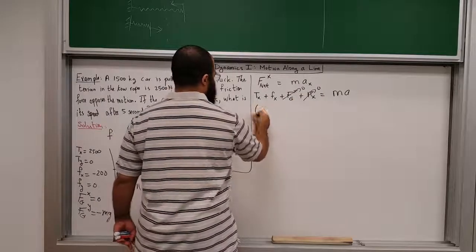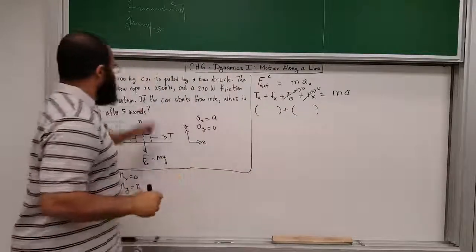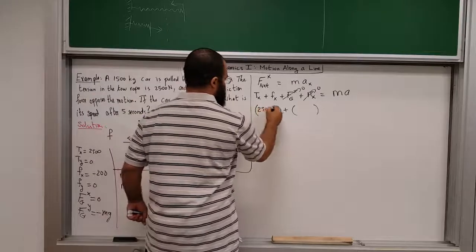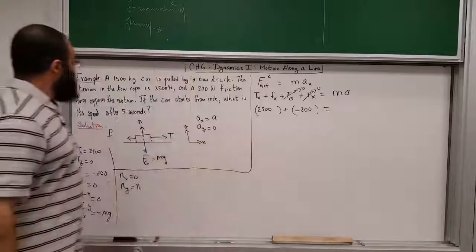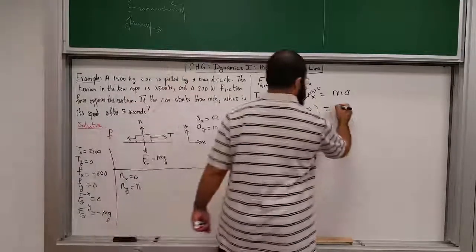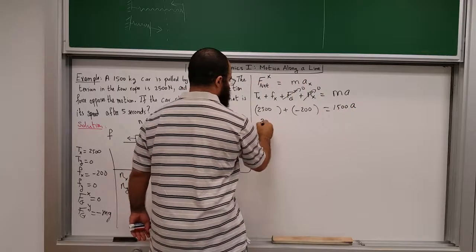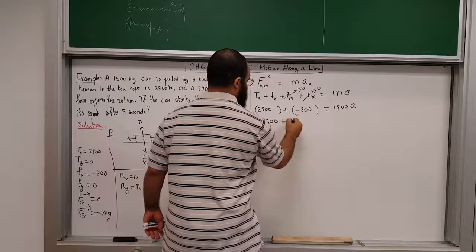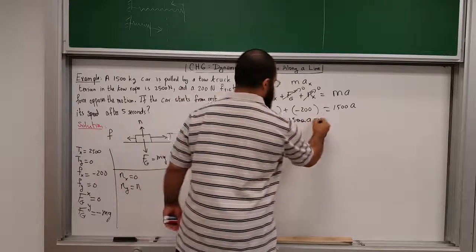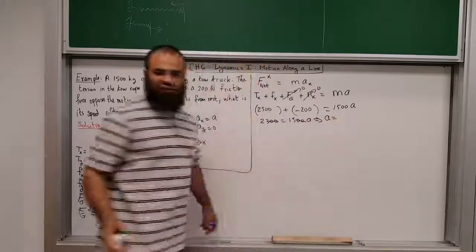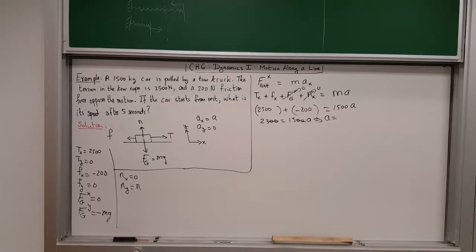The x component of our frictional force and the tension: this one is 2500 and this one is negative 200 for friction. The mass of the car is 1500 kilograms times the acceleration. 2500 minus 200 is 2300 equals 1500 A. And so the acceleration will be, I will need a calculator, give me one moment, 23 over 15.